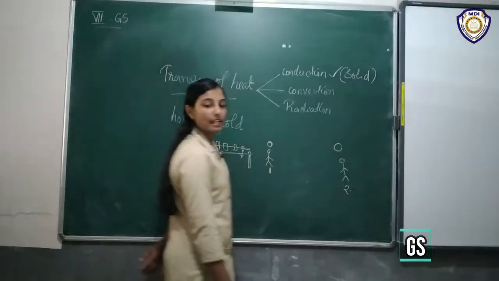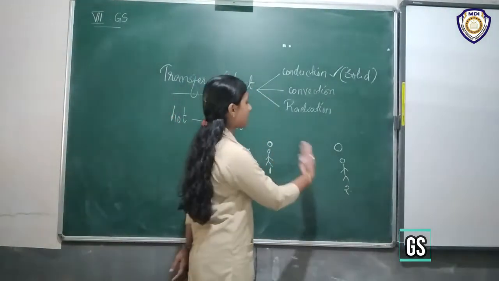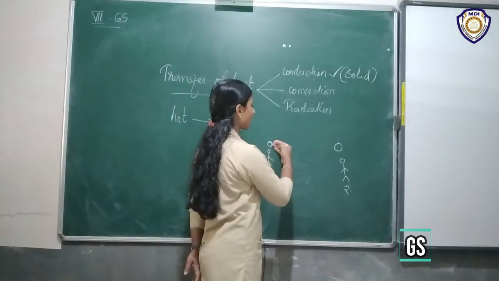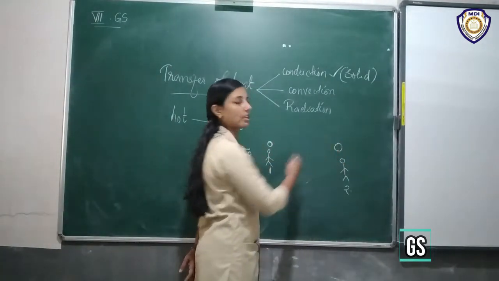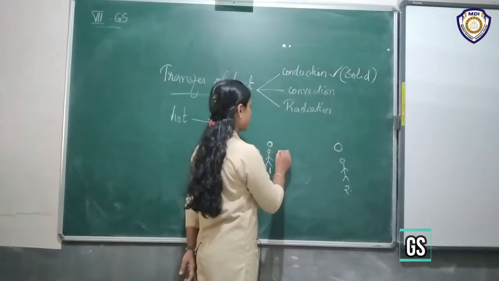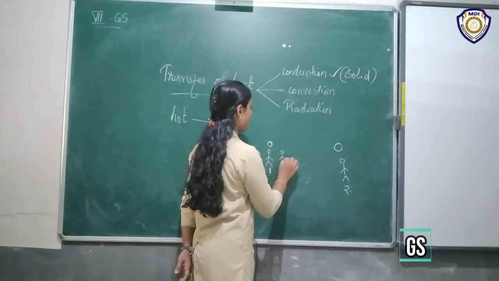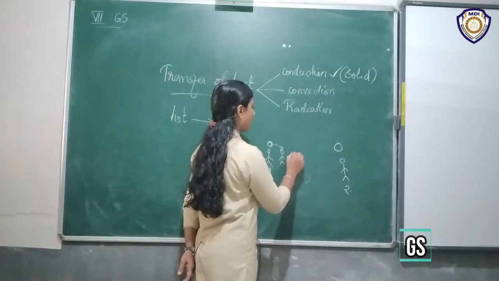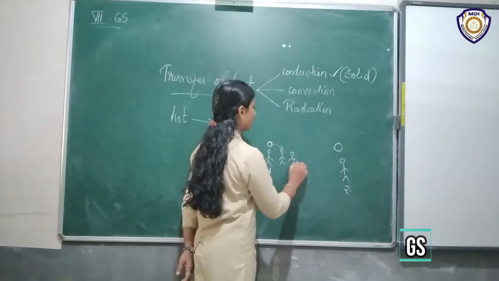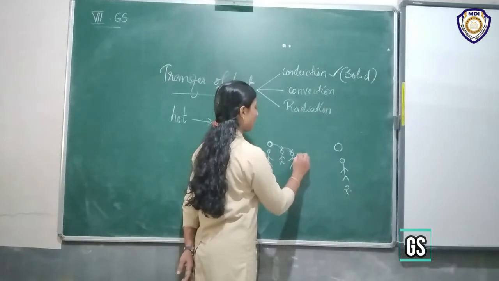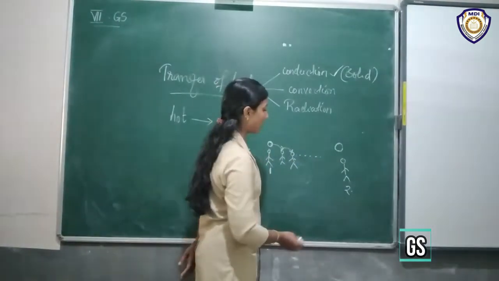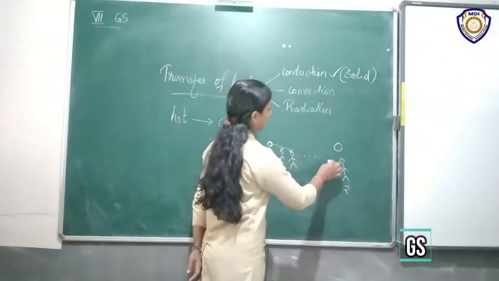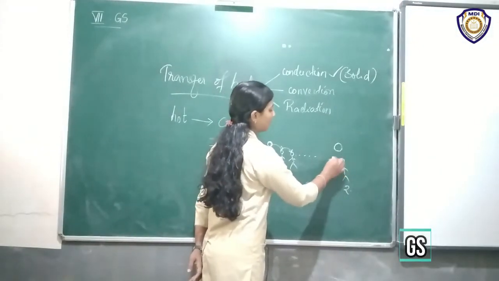So we need the help of many other people to handle this ball from here to here. He will give this ball to another person, and this person will give it to another person, and it goes like this. After some more people, at last it will reach this boy.